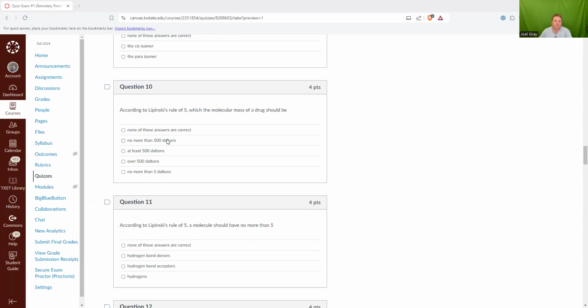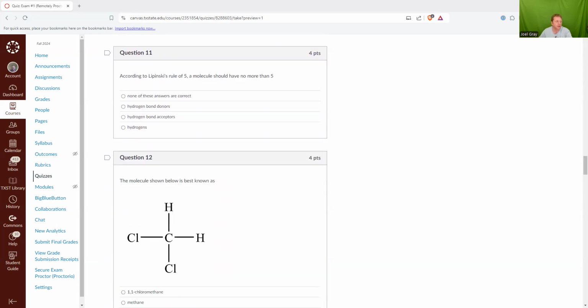No more than 500 Daltons, at least 500 Daltons, over 500 Daltons, and no more than 5 Daltons. Okay, so a Dalton is 1 gram per mole. And so the correct answer here is no more than 500 Daltons. It can be up to that, but not exceeding that.